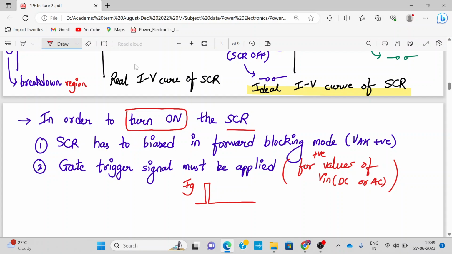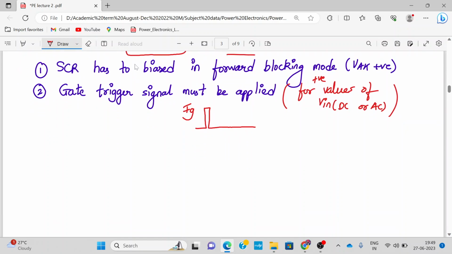Alright. Now let's consider a simple scenario with a DC input supply, and let's try to simulate the behavior of the SCR. Okay. So let me consider this circuit. I have a DC input, I have a resistor, and then I have an SCR. The SCR can be identified with its symbol.